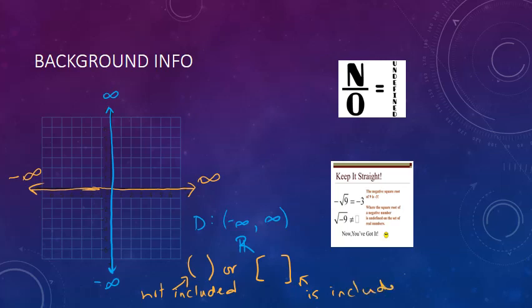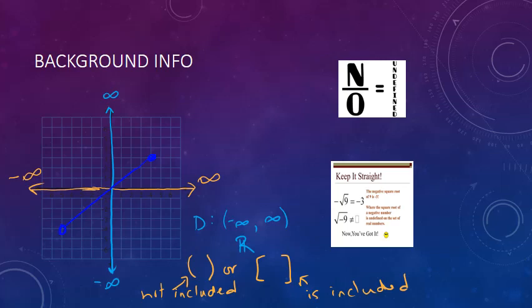So let me see if I can create an example for you real quick. I'm just going to make a graph over here that, let's say, has an open circle here, and we're going to have just a line go to here, which is an open circle, or no, we'll make this one a closed circle.